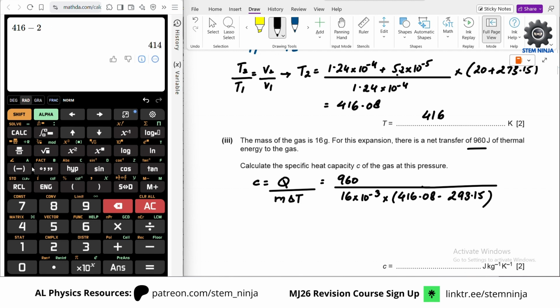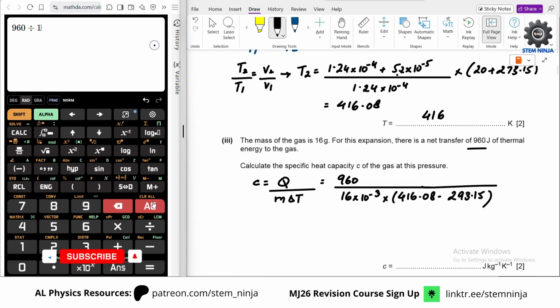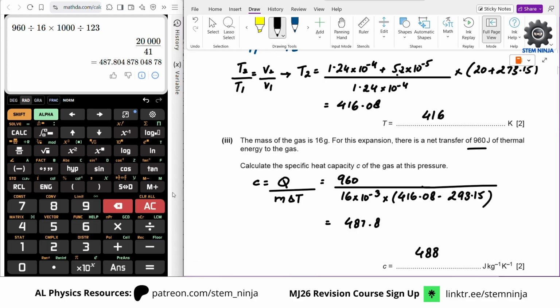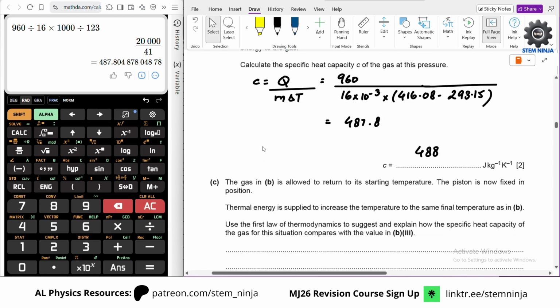No, sorry, 293. 123. So basically the temperature change is 123. So 960 divided by 16 times 1000, divided by 123 is 487.8, which is 488 joules per kilogram per Kelvin.